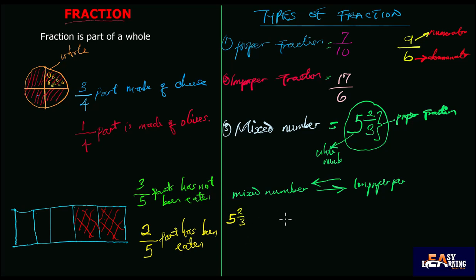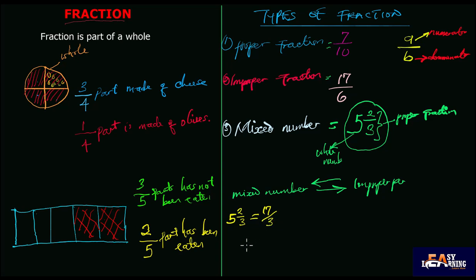We're going to change it to an improper fraction, and to do that, we simply multiply the denominator by the whole number, and then add the numerator. So that will be 3 times 5, 15, 15 plus 2, that is 17, 17 all over 3.